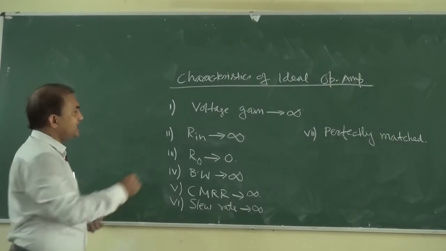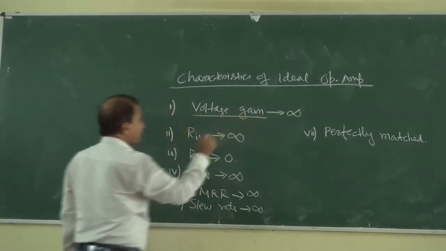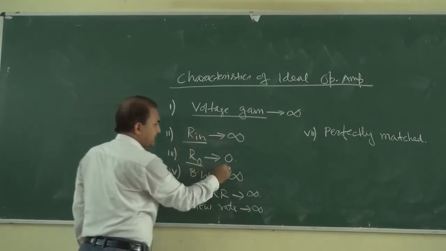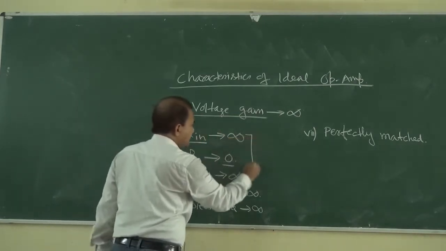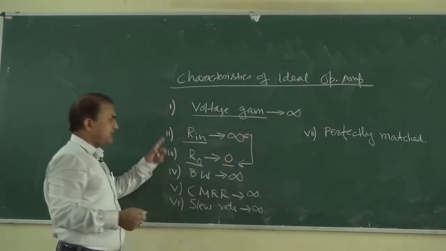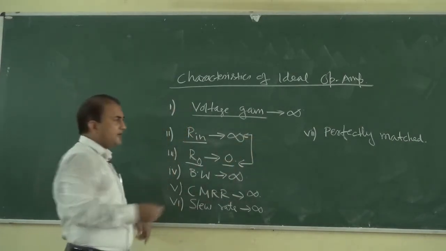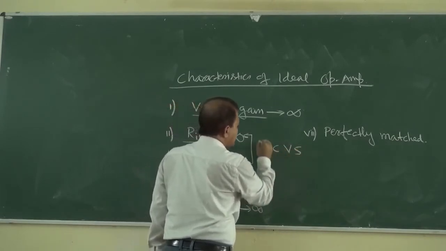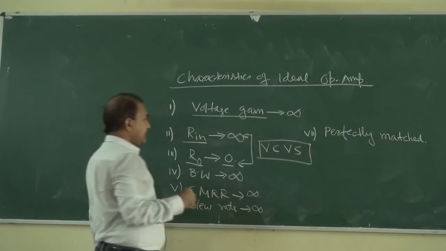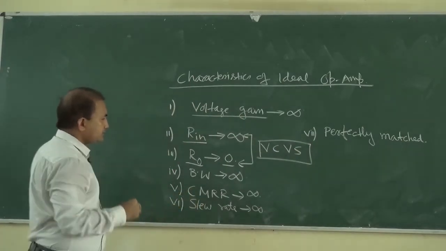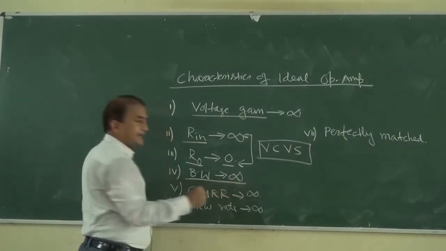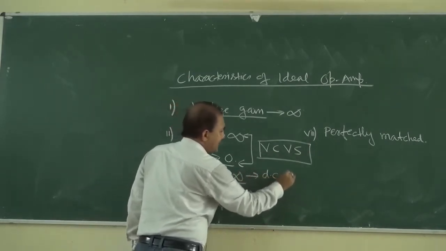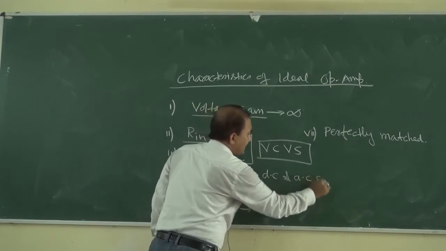First, voltage gain is infinite. R input is infinite, R output is 0. Because of this property, it is also known as a voltage controlled voltage source. Bandwidth is infinite, so it can amplify both DC as well as AC signal.